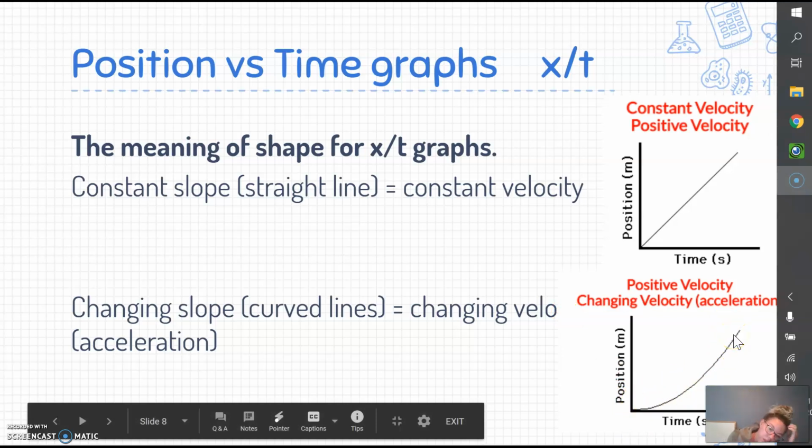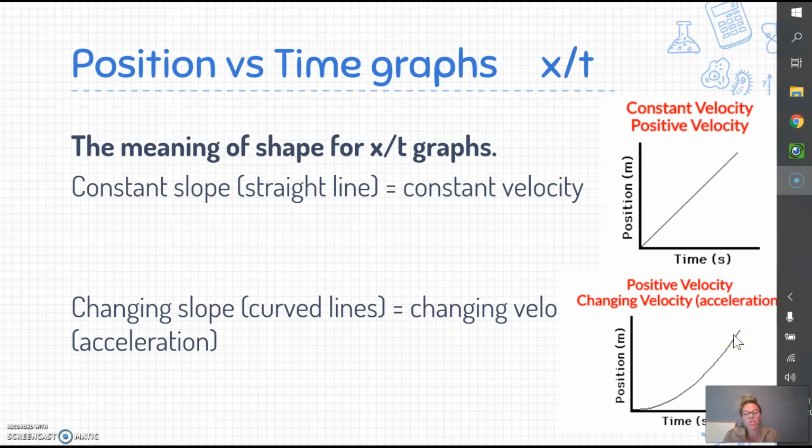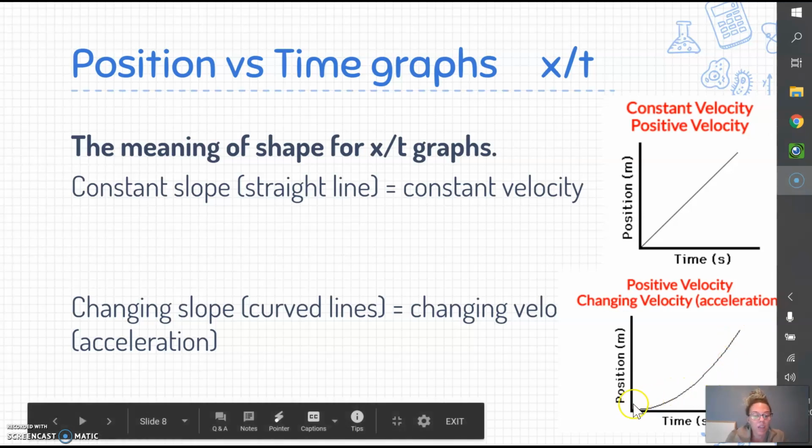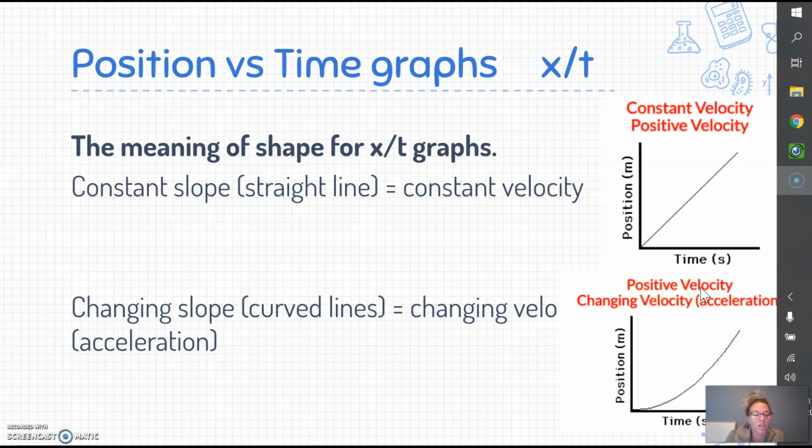Some curves mean that the object is slowing down. In this case, the object's going from slow to fast, so this would be a positive velocity. It's a positive changing velocity, and we would call this acceleration.